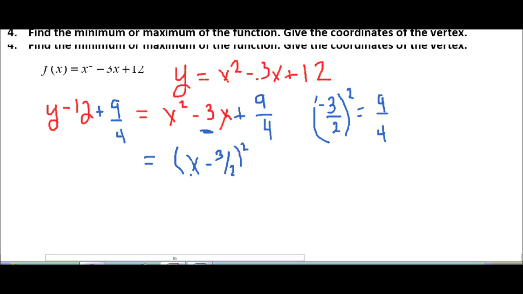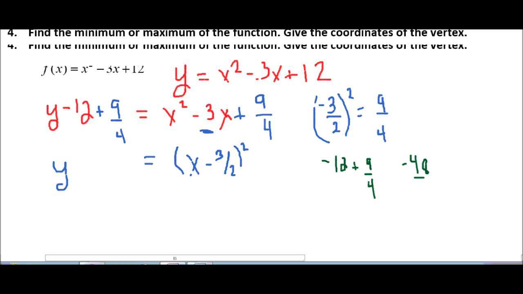Okay, that saves us from having to do the x factor. And then over here, we simply have to add negative 12 plus 9/4, so we have to give them common denominators. So negative 12 plus 9/4. I'm going to turn the negative 12 into negative 48/4, multiplying top and bottom by 4.